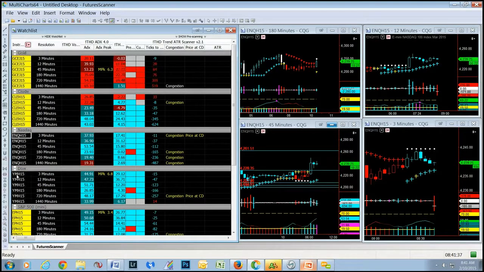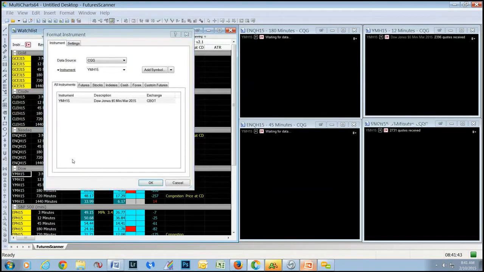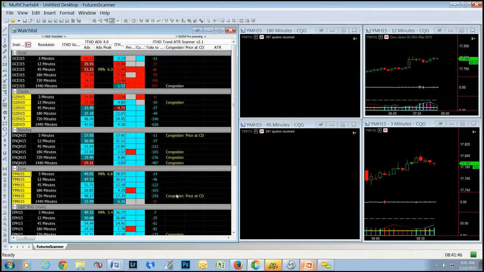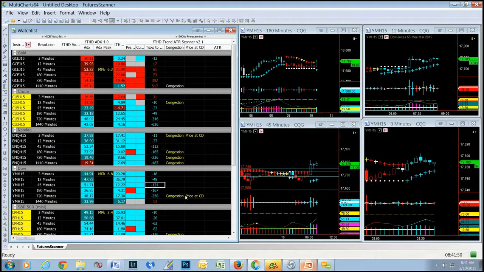Okay, let's go to the Dow. Now on the Dow, you already see that price is at a congestion dot. It's telling you that here on the 720-minute chart. So do you see how you had this line of congestion dots here?